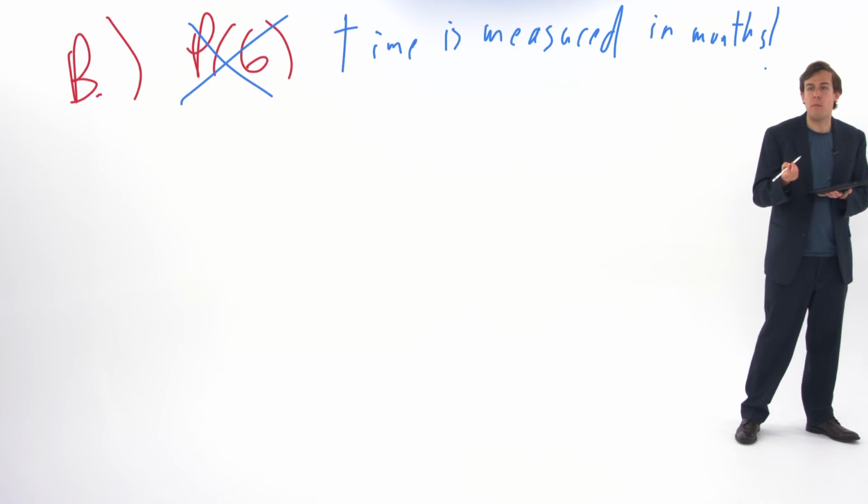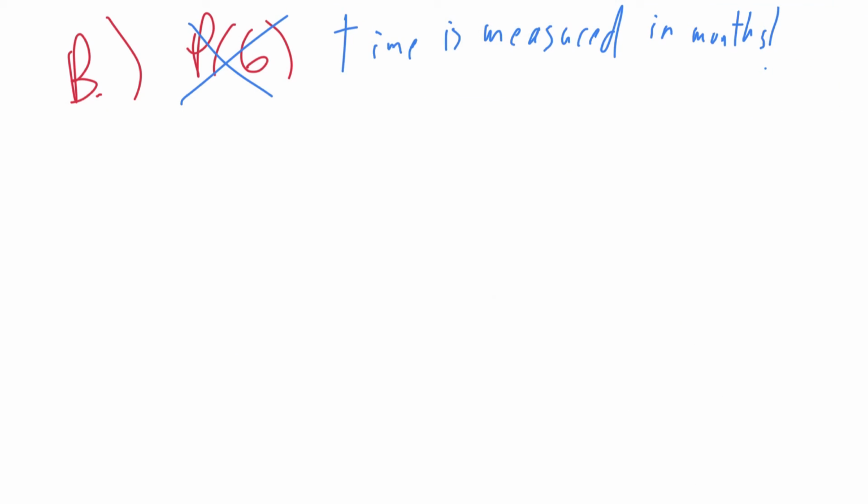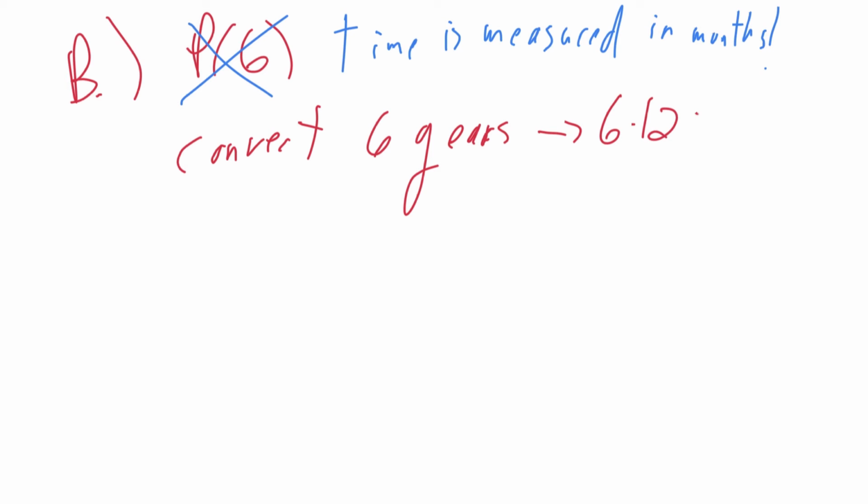So in order to plug 6 years into this problem, I need to first convert 6 years to months. So it's 6 times 12, so I guess that's 72 months. Okay?